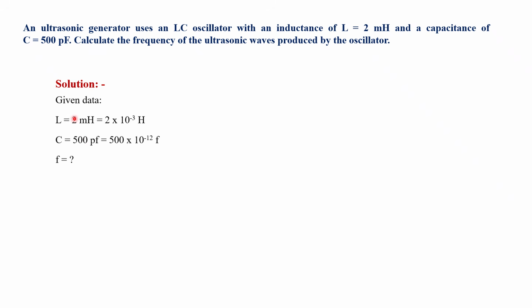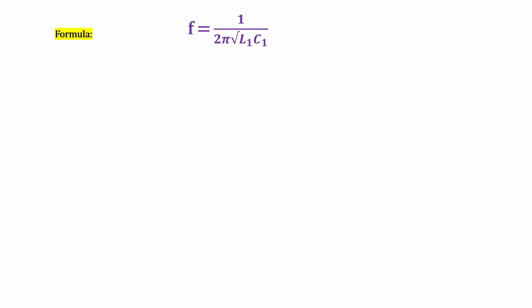Whatever the millihenry and picofarad values, we convert into SI units. So 2 millihenry is equal to 2 into 10 to the power minus 3 henry. C is 500 picofarad, so we rewrite it as 500 into 10 to the power minus 12 farad. And here it is asked to calculate frequency.